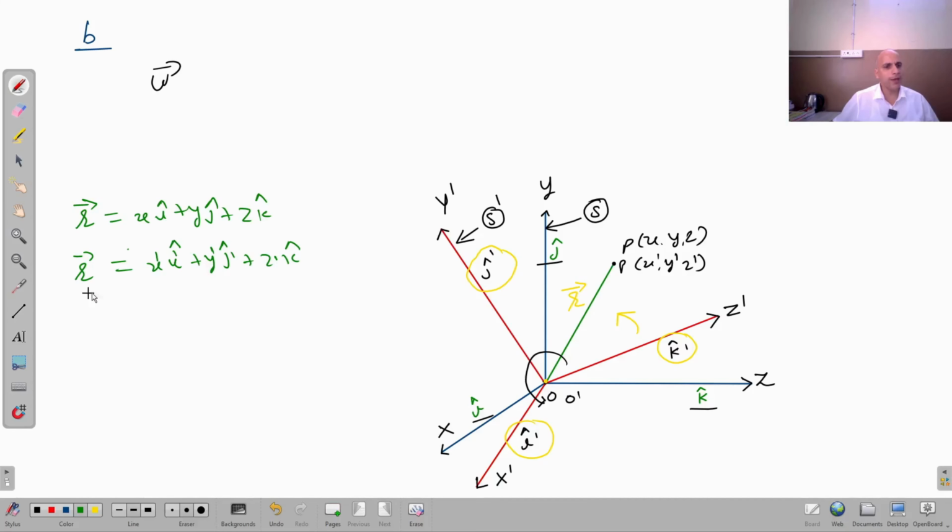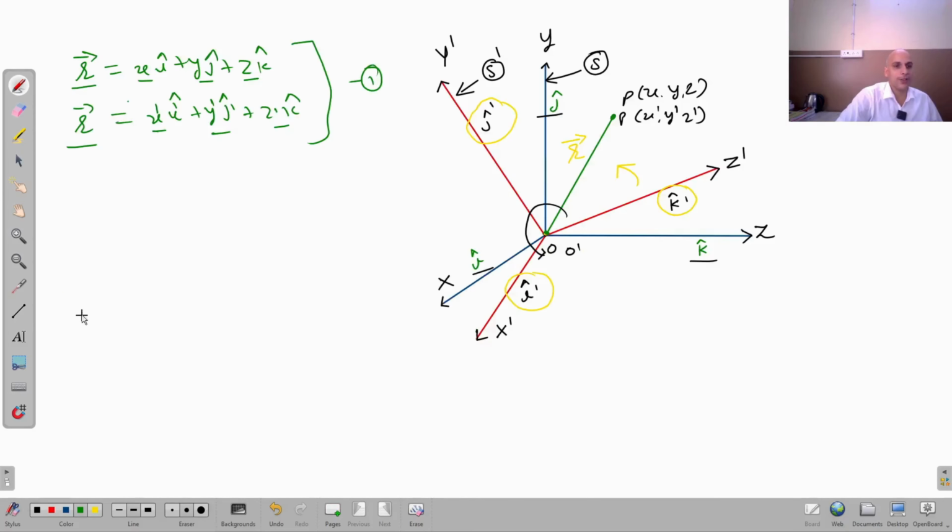This is the value of this vector R, connecting this point to this point, because the vector is the same between these two points, but the coordinates are different: x, y, z, x dash, y dash, z dash, i, j, k, and i dash, j dash, k dash. Let both these be represented as equation number 1.